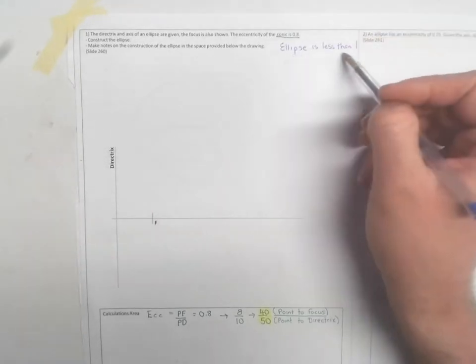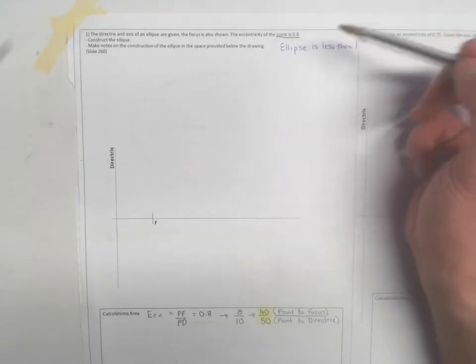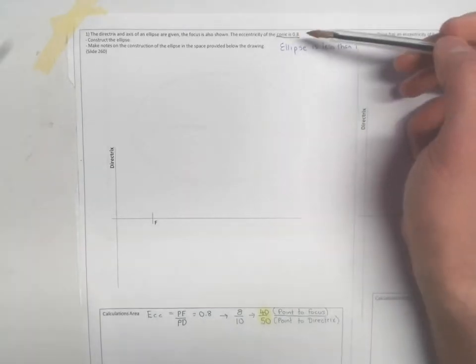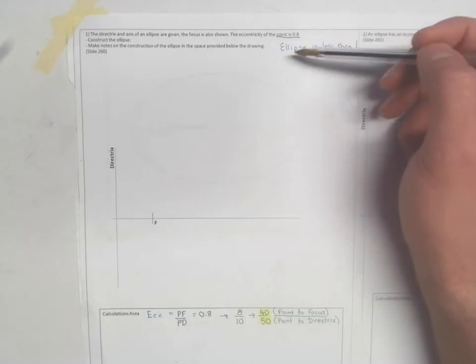So your ellipse eccentricity will always be less than 1. A parabola will always be 1, and a hyperbola will always be greater than 1. So that's just something you can know.